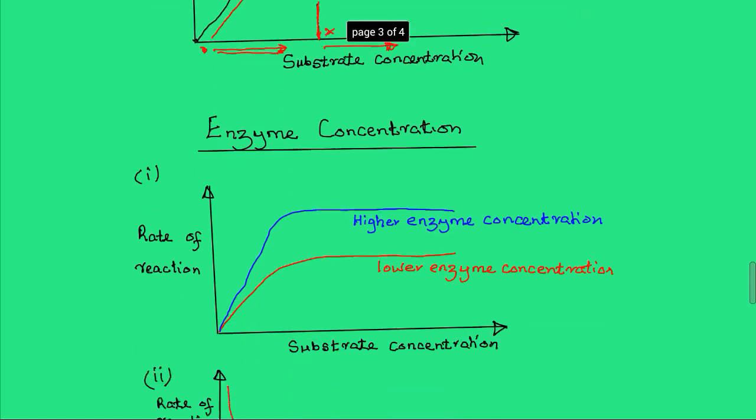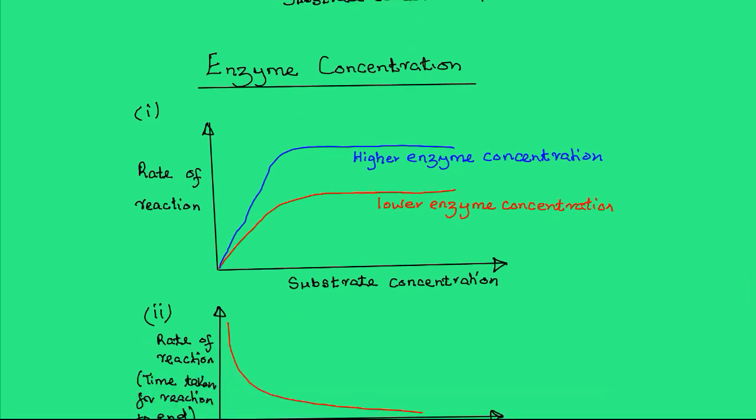The next factor is enzyme concentration. Now, there are two ways in which you can look at the effect of enzyme concentration on the rate of reaction. One, by comparing the rate of reaction at different enzyme concentration.